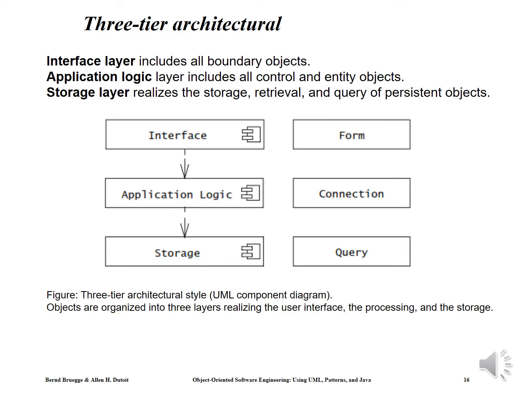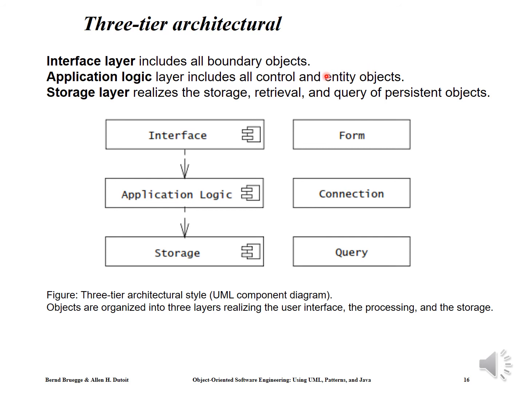Next is three-tier architecture. Three-tier architecture style organizes subsystems into three layers. One is the interface layer, which includes all boundary objects, for example windows, forms, web pages, etc. Application logic includes all control and entity objects.